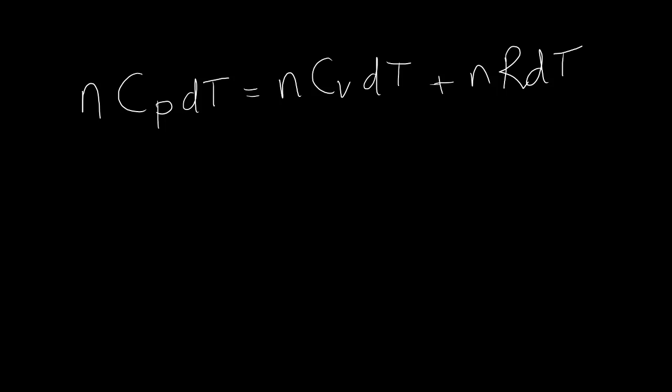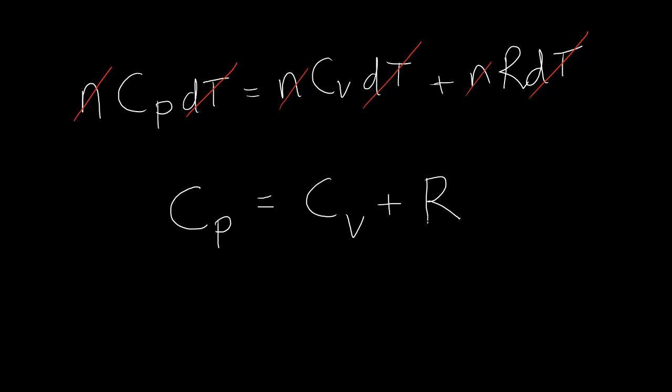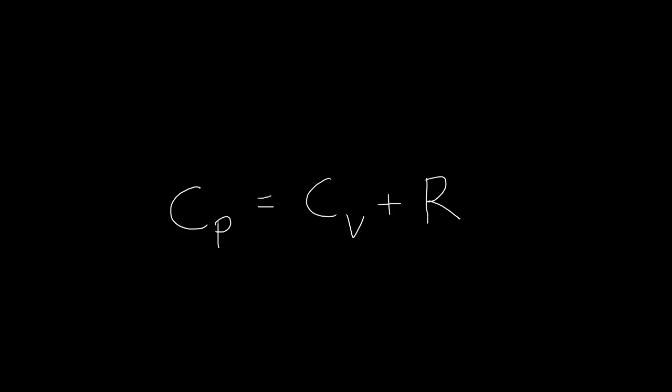Dividing through by n dT, we obtain the final result, that Cp equals CV plus R. This is a most useful result, for once we have found CV, we just add R to find Cp.